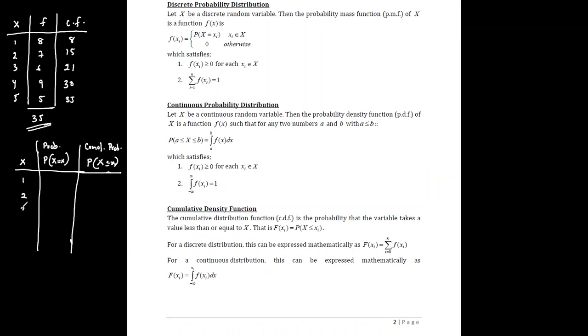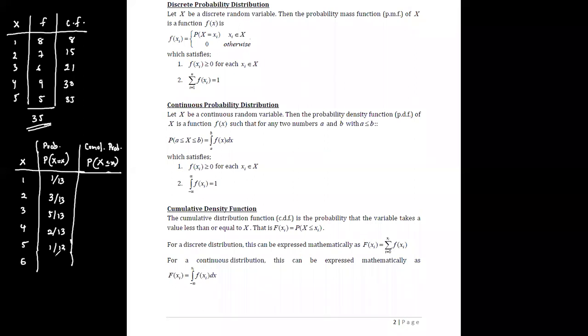Then we will have the values 1, 2, 3, 4, 5, and 6. Probabilities are given as 1 over 30, 3 over 30, 5 over 30. I am using the same example which we have used previously, 1 over 30.